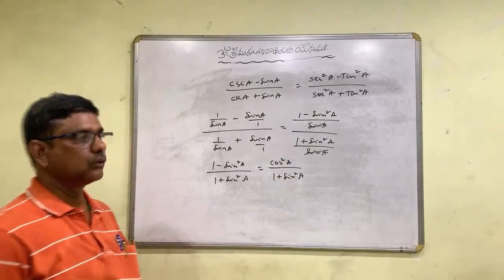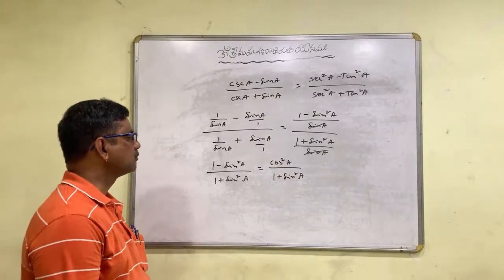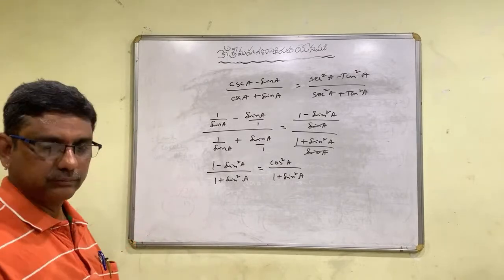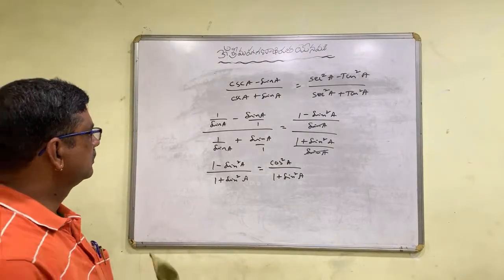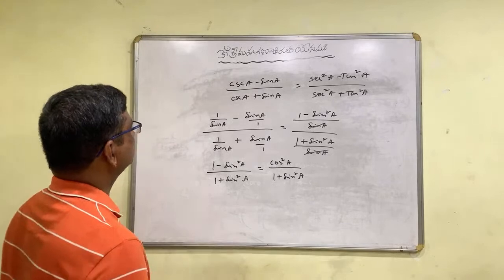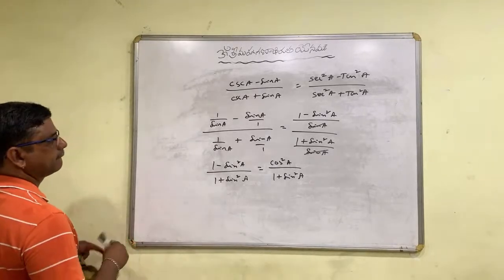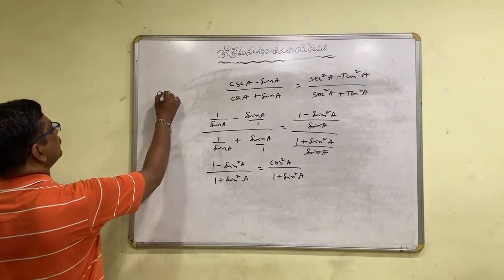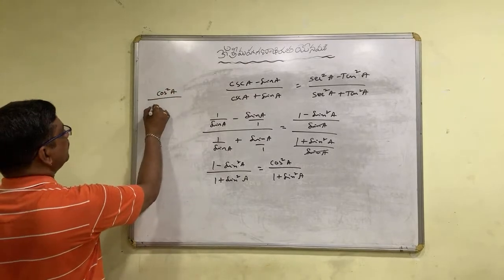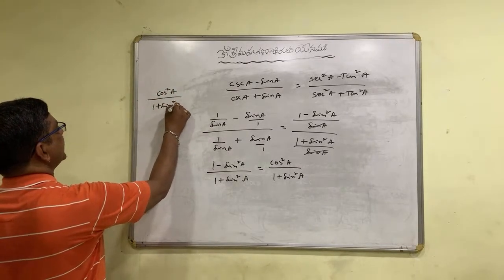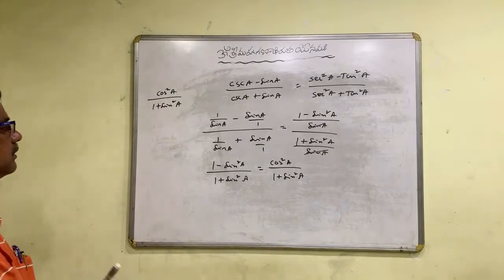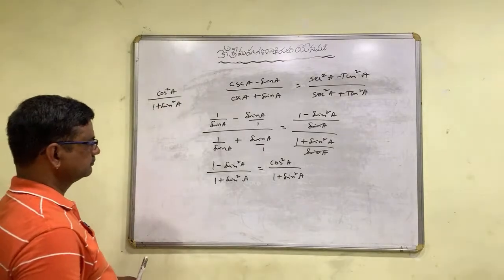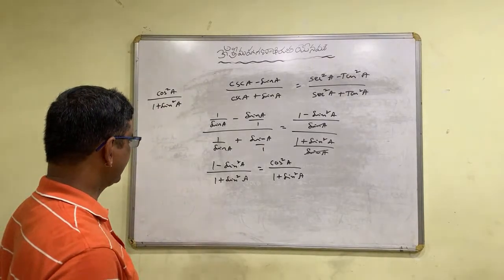Now, what I have to do? I need to simplify the RHS also. Further, can anything be done here?